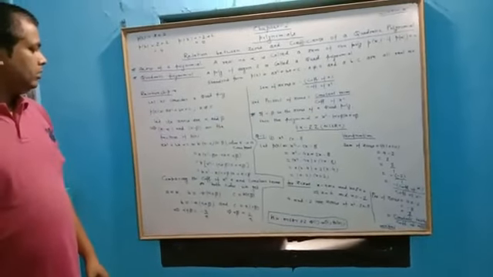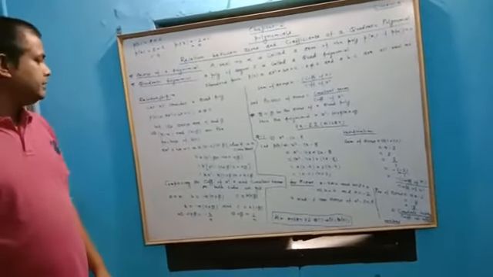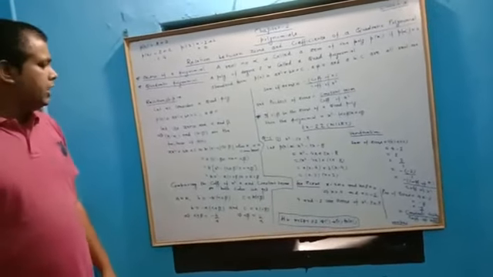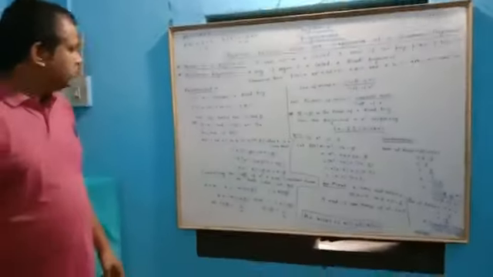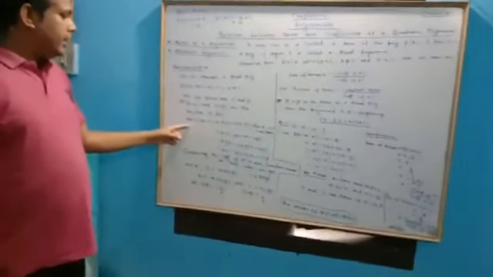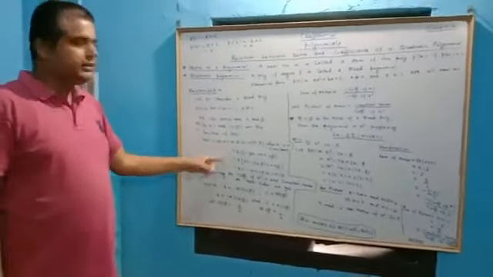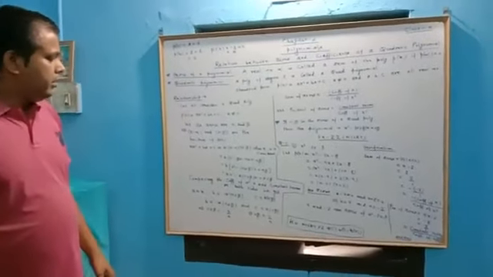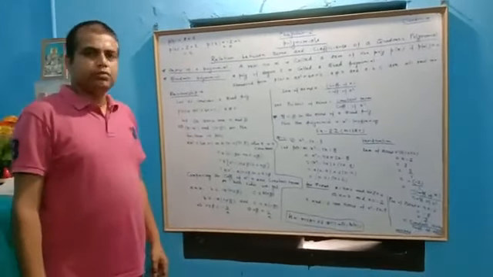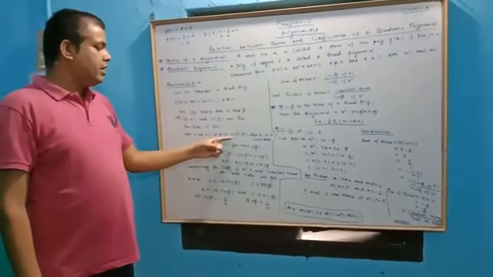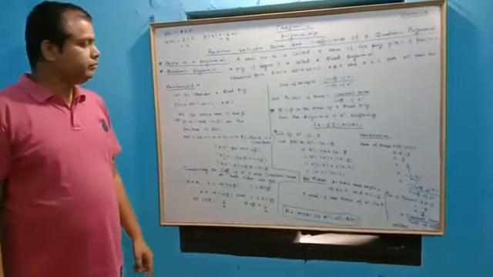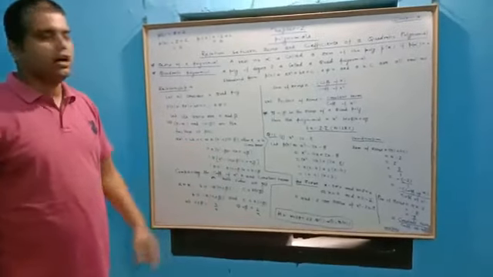These are two factors, x minus alpha and x minus beta. Now this quadratic polynomial ax square plus bx plus c can be expressed in terms of factors as k into x minus alpha into x minus beta, where k is a constant.